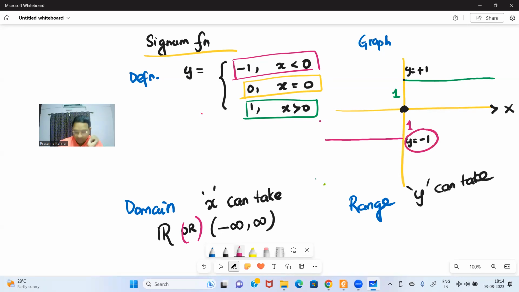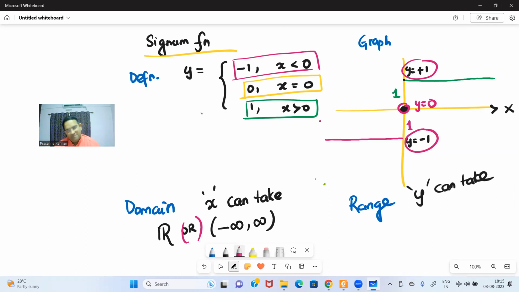It takes -1. It doesn't take anything in between -1 and 0. The next value of Y it takes is what? 0, sir. What is the next value it takes? 1, sir. That's it. Nothing in between, nothing outside this.